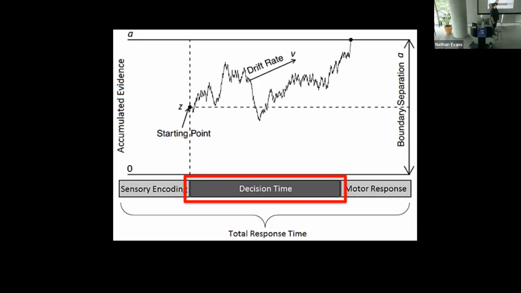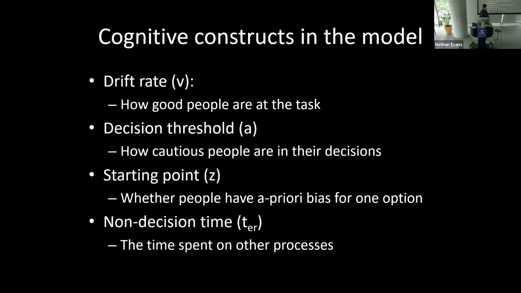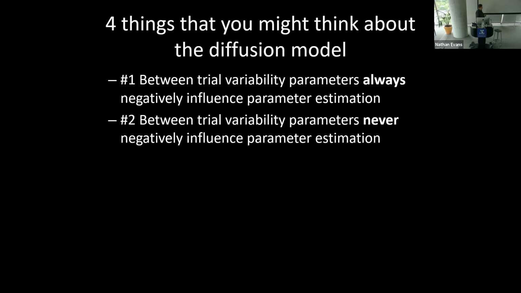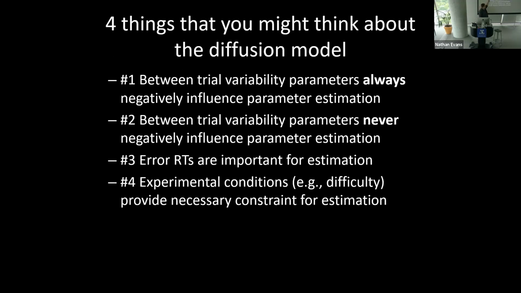So drift rate can vary over trials, SV, starting point can vary over trials, SZ, and non-decision time can vary over trials, ST0. So essentially all of these can have between trial variability in the full diffusion model. Now, I was quite of this first belief before, which is that adding these between trial variabilities always has a negative influence on parameter estimation.